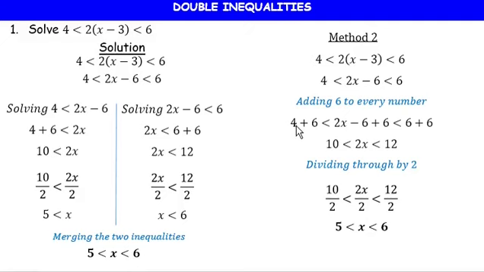Okay, let's look at the second method of solving this double inequality. We have 4 less than 2 into bracket x minus 3 less than 6. Here too I decided to expand the bracket, so I had 4 less than 2x minus 6 less than 6.